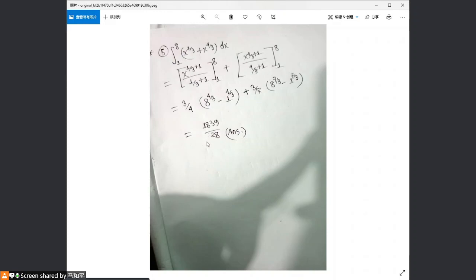So we calculate this one. I think this is right. And the question is about exam 5. If no, we continue to the next. Explain next. And the question is for exam 3, exam 5. No? Okay, we'll continue.